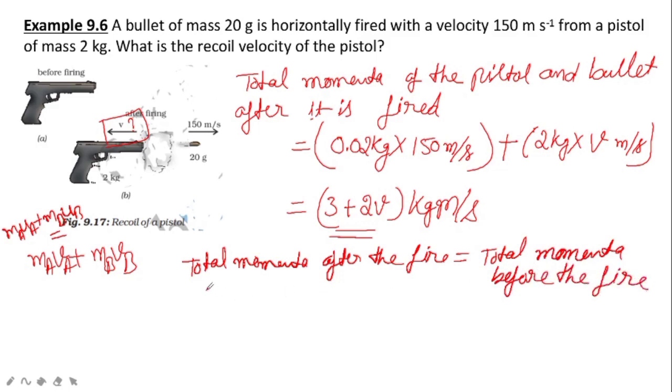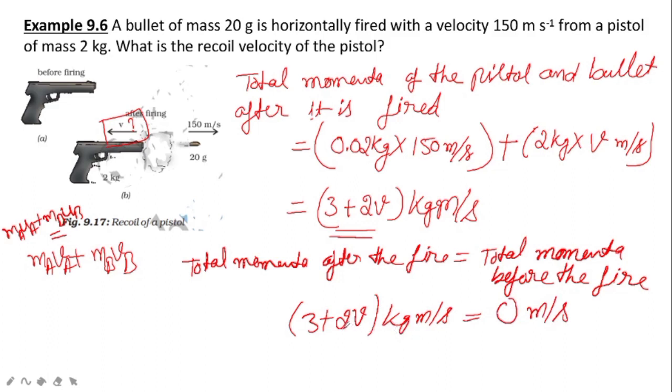Now what is the answer for total momentum after the fire? That is 3 plus 2V into kg meter per second, which is equal to total momentum before the fire, which is 0 meter per second, right? Okay, then now on simplifying this, what we will get?